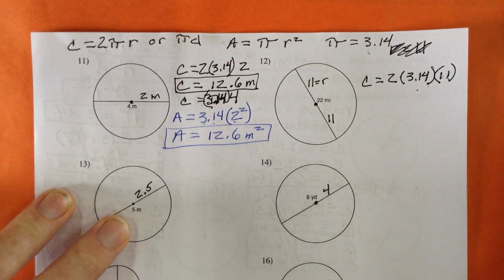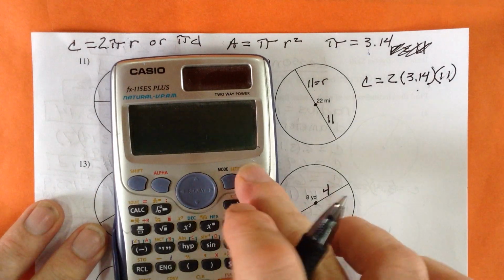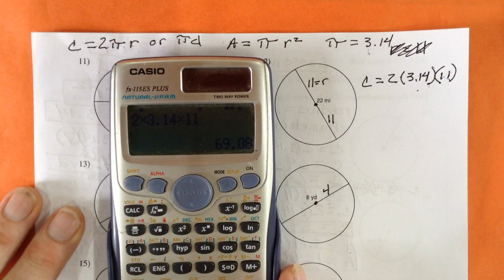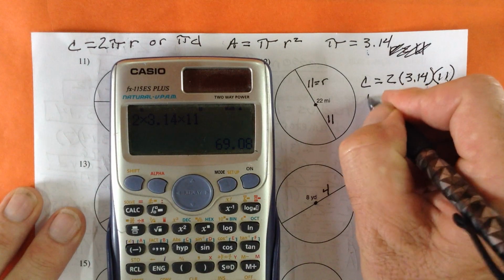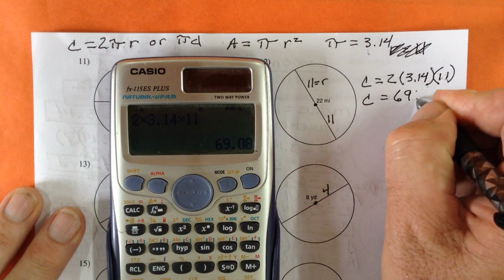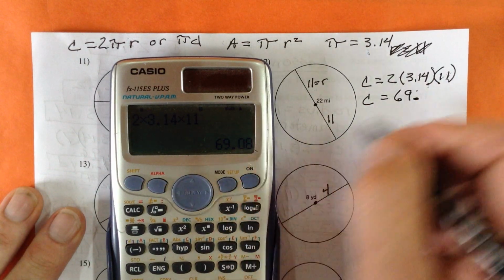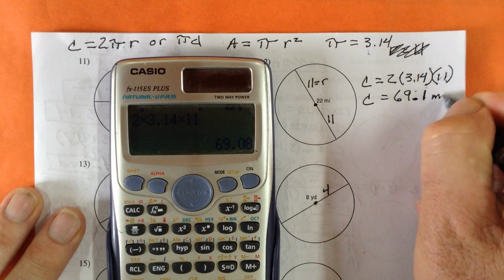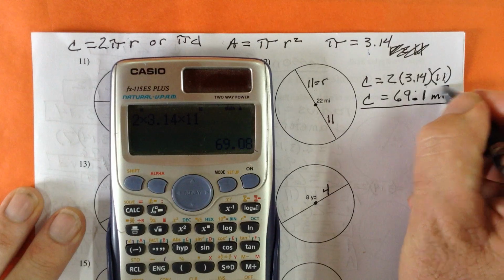Okay, so I didn't do this ahead of time. So I got 2 times 3.14 times 11 equals 69.08, which rounds off to 69.1 miles around the outside of that circle.